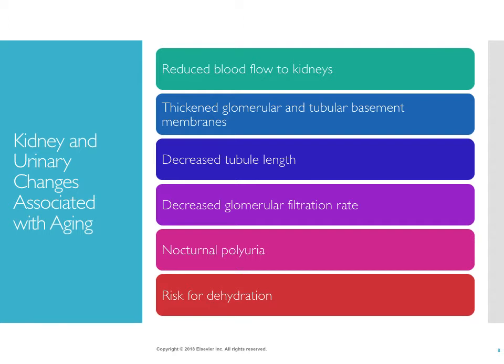And so there's less absorption and reabsorption that's taking place there. Also, the tubule lengths will decrease and the glomerular filtration rate decreases. This really has a strong effect on how the body uses medication or is able to clear medication.